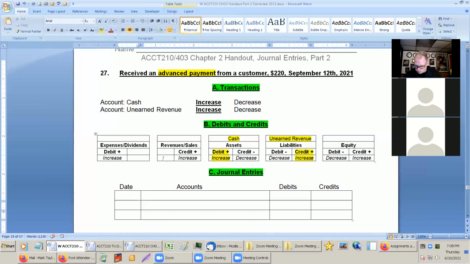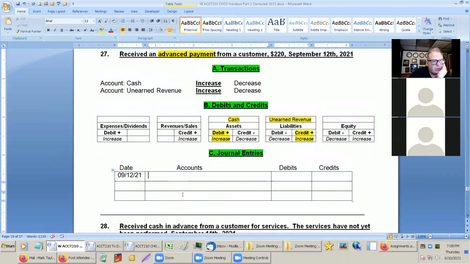September 12th. Okay, so cash is going up.